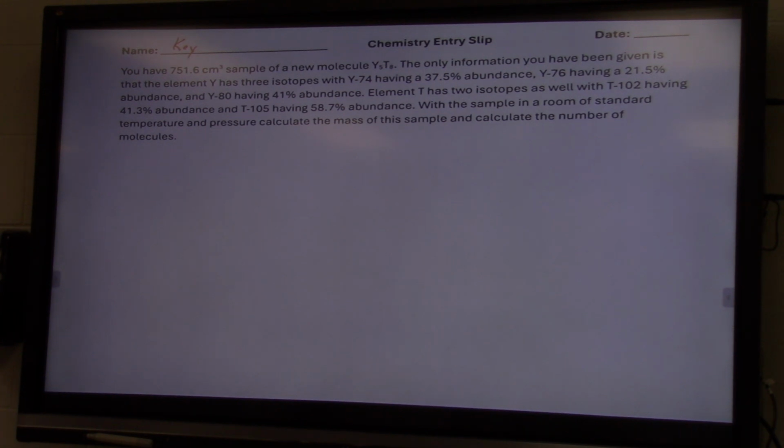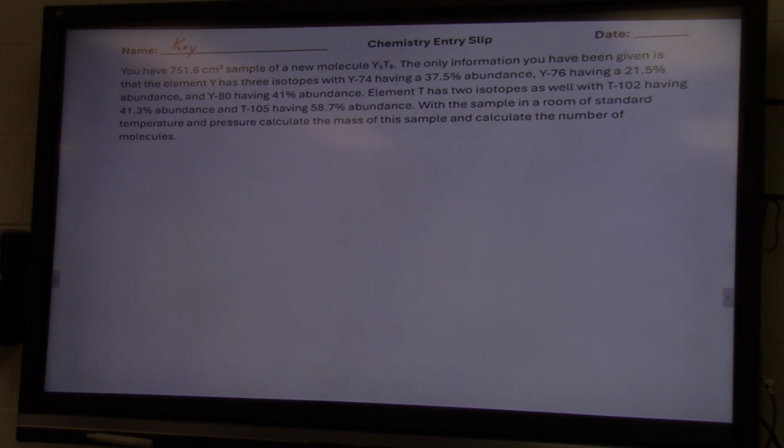The only information you have been given is that the element Y has 3 isotopes, with Y-74 having a 37.5% abundance, Y-76 having a 21.5% abundance, and Y-80 having a 41% abundance. Element T has 2 isotopes as well, with T-102 having 41.3% abundance and T-105 having 58.7% abundance.